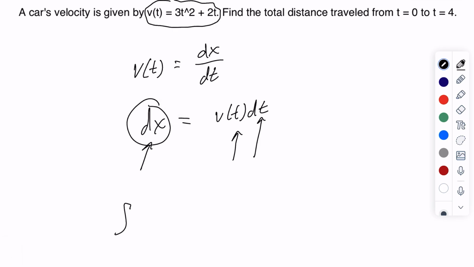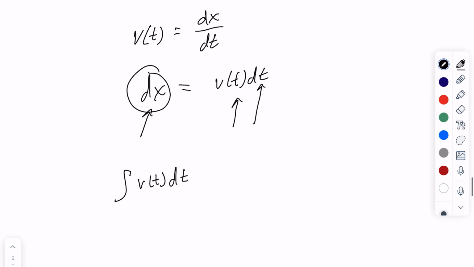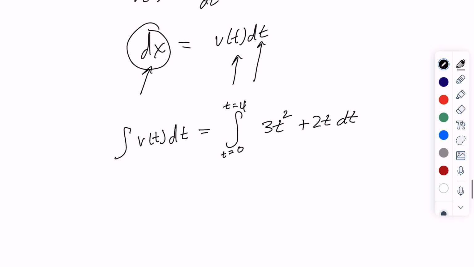So we'll integrate velocity as a function of time with respect to time. So that is going to be our integral from 0 to 4 of 3t squared plus 2t with respect to time.